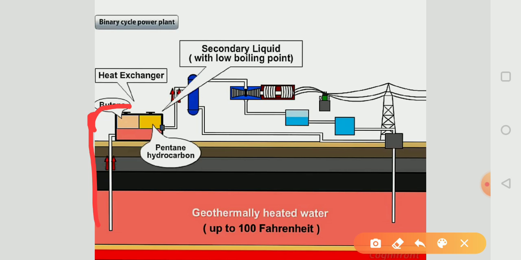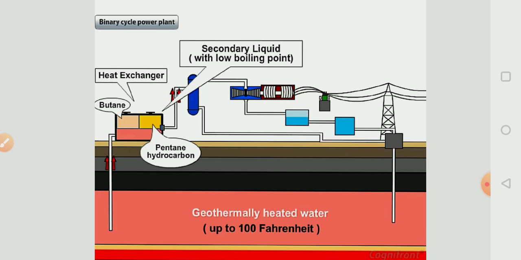So by this we can generate a mixture vapor. The mixture vapor is generated and runs to the turbine. The mixture vapor is cooled by the condenser and the liquid is recycled again and again.